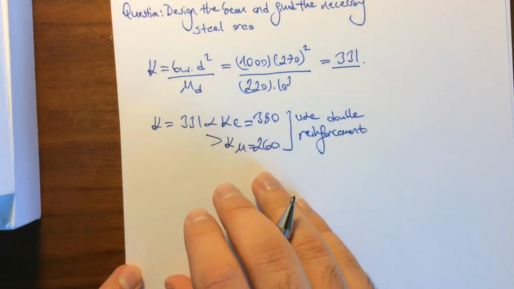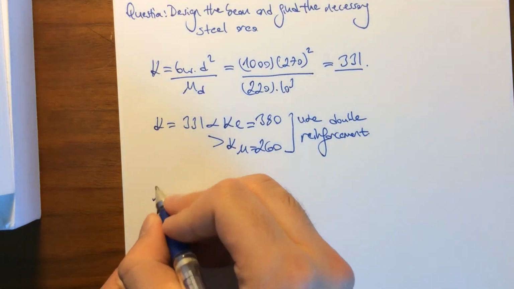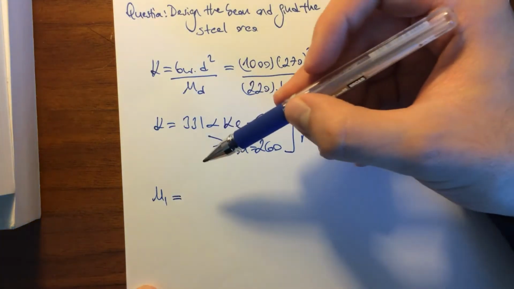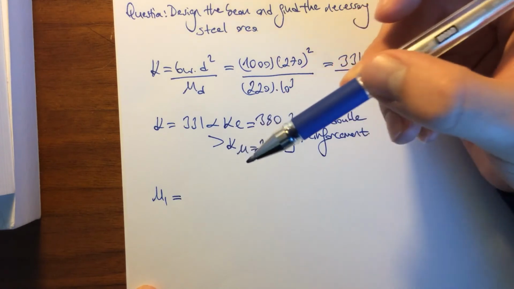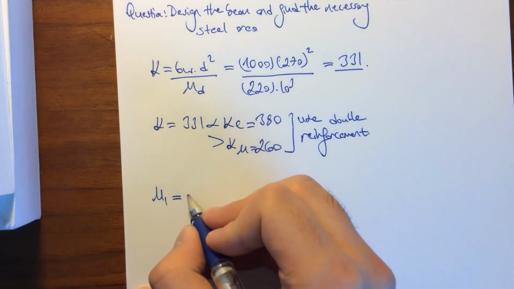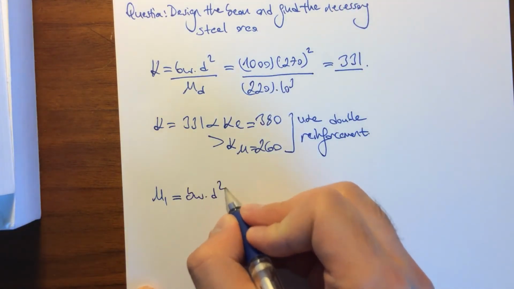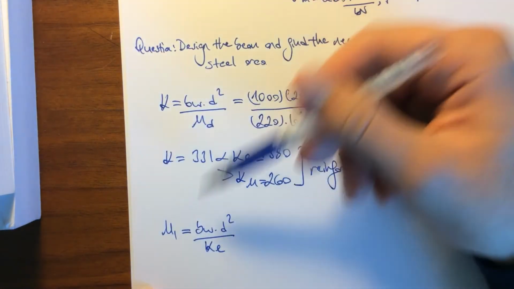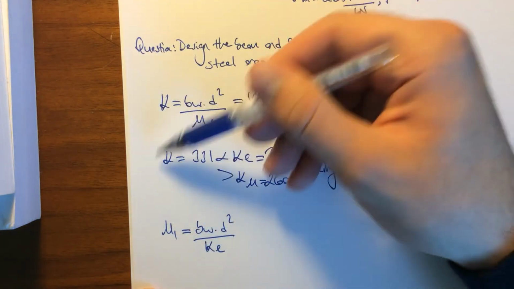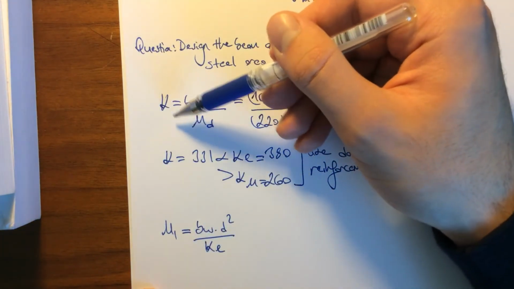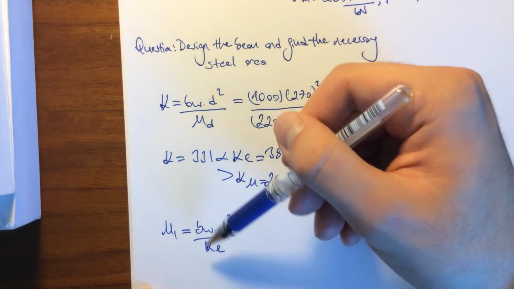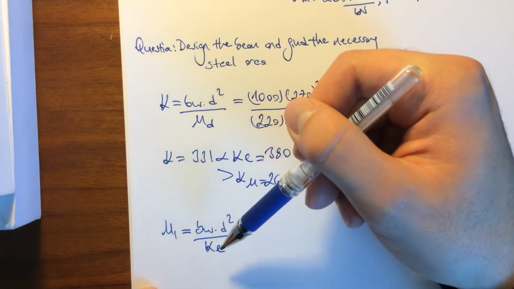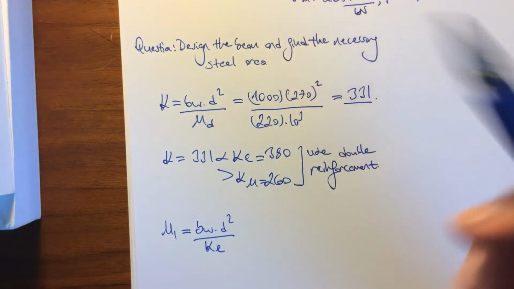As you may recall from our lecture notes, we first need to calculate the first moment, M1, which is required to calculate the steel area in the tension zone. So how do you calculate the M1? We have the formula like this. As you may notice, the similarity is that we're just flipping the K and M values, but in that case we're putting the KL instead of the calculated K in that formula to get the M1 value.